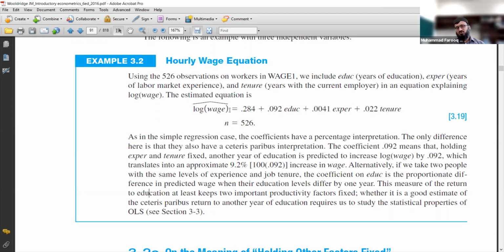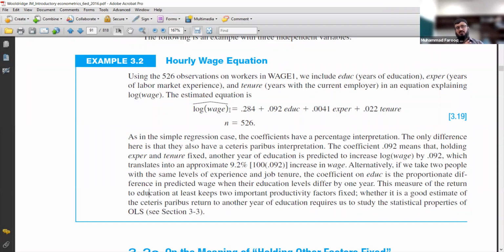So we wanted to run a regression which said, okay, there is some variation in the wage variable in our data set. Some people are earning a higher salary than others. Let's ask ourselves how much of the changes in log wage are due to education, labor market experience, how long you have been working with us, your seniority in an organization.